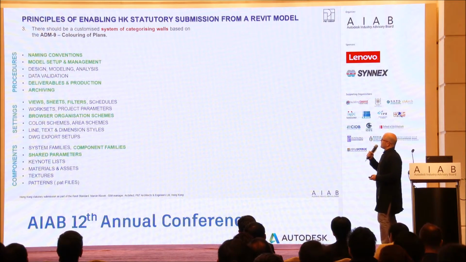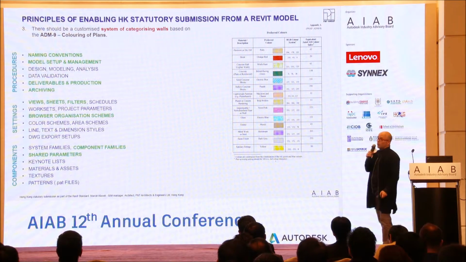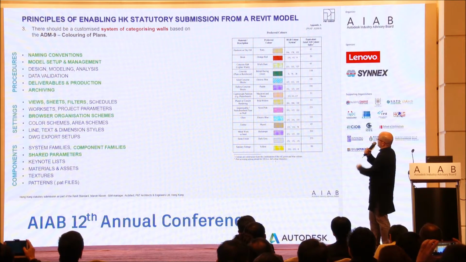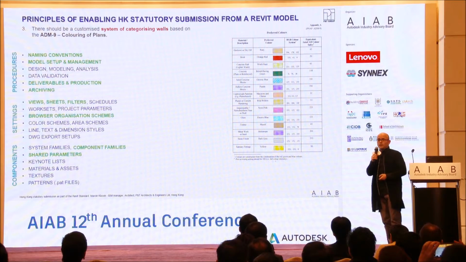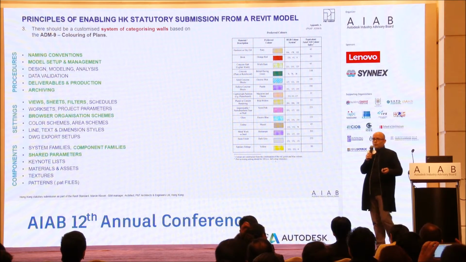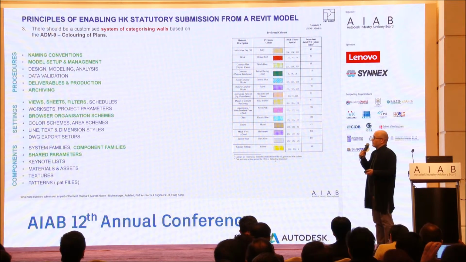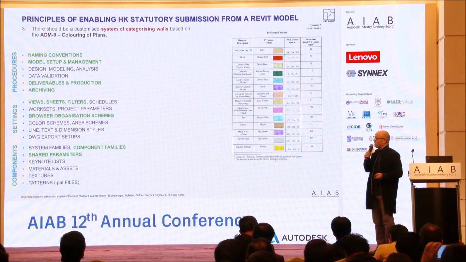Condition number 3, we need a customized system of categorizing walls, which follows this one, the ADM9, because the way walls are categorized here is nothing similar to what is hard-coded in Revit.